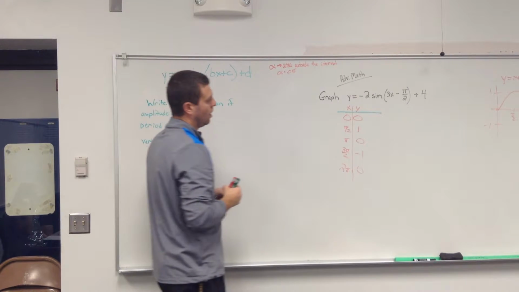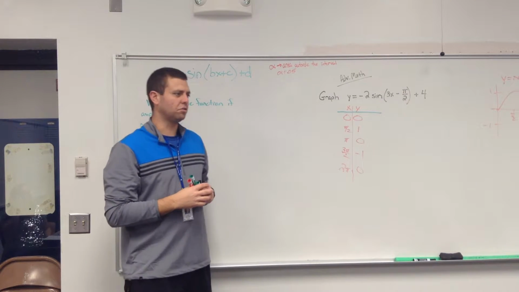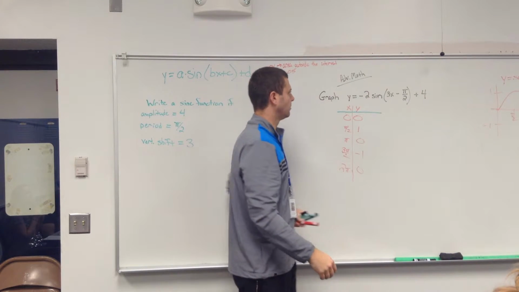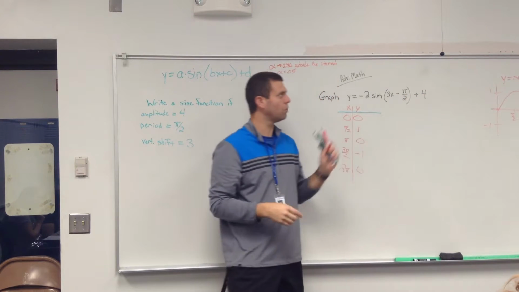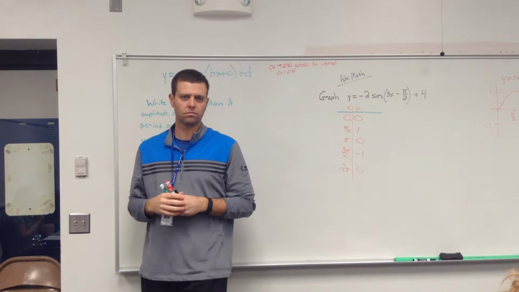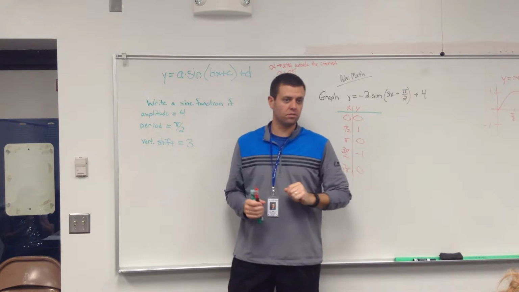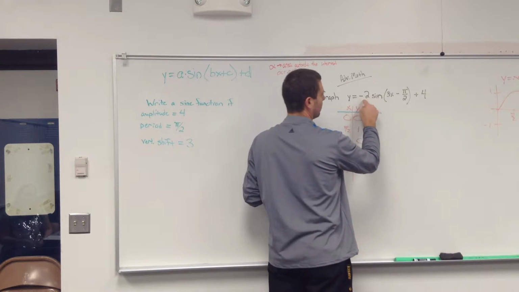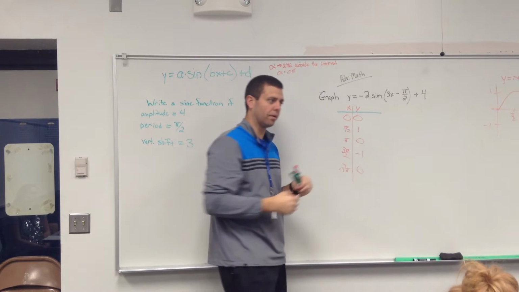I like starting with amplitude. In fact, I'll just probably work with the y values to start with. What values here, the -2, the 3, the pi over 2, or the 4, which of those values affect the y values of the parent function? The 4 does. And the -2 does. Because the -2 is going to be multiplied by whatever this is, and then at the very end you're going to add 4.